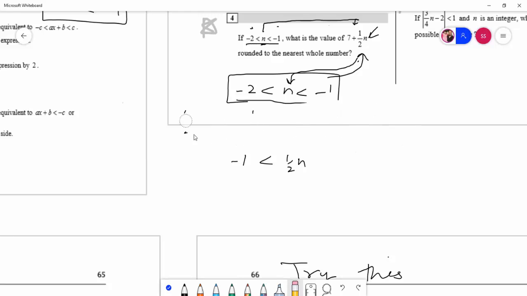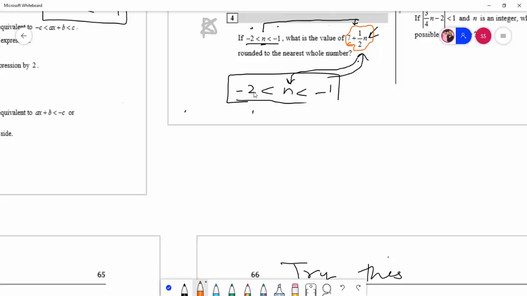I'm saying that we are already given that -2 is less than n and n is less than -1, and our desired state is 7 plus half of n, isn't it? Yes. So we'll try to convert this n into 7 plus half of n. For converting this, we'll first see what is in multiplication or division with n, and that is 1/2.